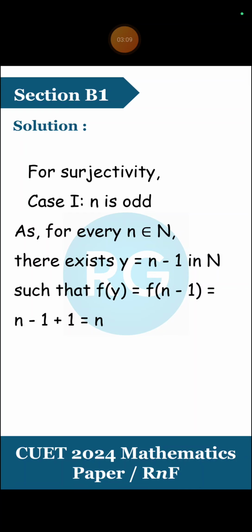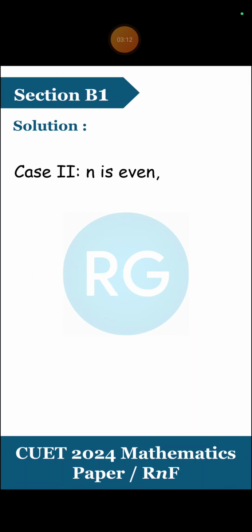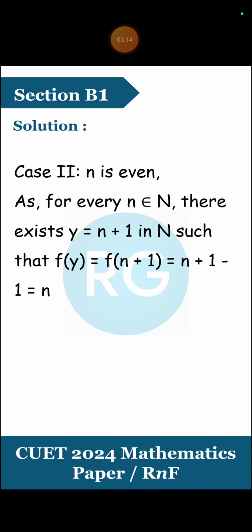So this function is surjective. Now moving on, n is even, so for n even we have f(x) equal to n plus 1, so y will be n plus 1. I'll put n plus 1 in place of y. Again I land with the answer n. So both the cases are surjective.